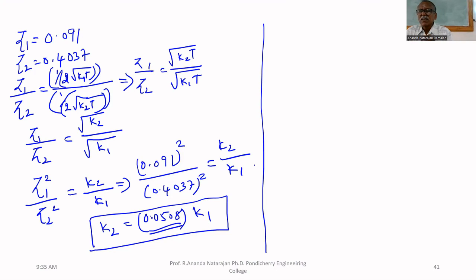If you further increase, at one point zeta becomes 0. Zeta becomes 0 means undamped oscillation. Always it oscillates, never settles. So that is also possible. By changing the amplifier gain, we can change the oscillations in the system.